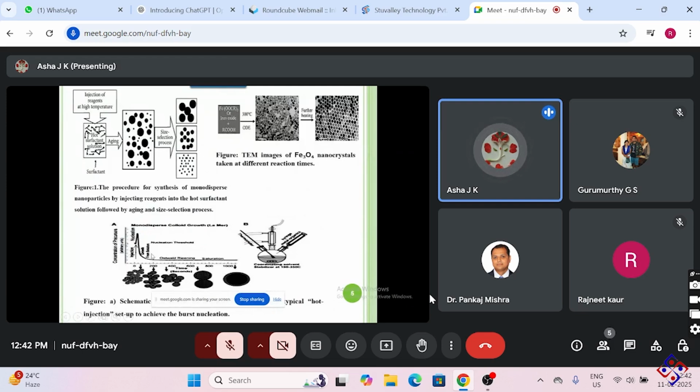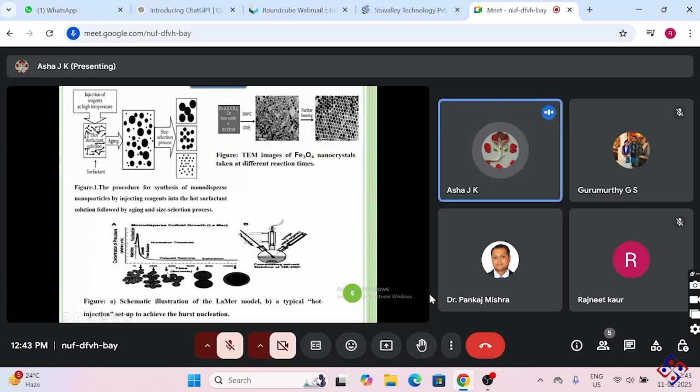And this figure illustrates the LaMer model, and this small figure explains the hot injection setup to achieve burst nucleation. The LaMer model explains the different steps: injection and nucleation, growth from solution, post-growth refining, and saturation. In the first step, injection and nucleation, burst nucleation takes place.